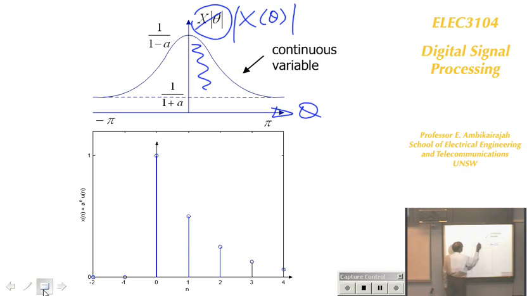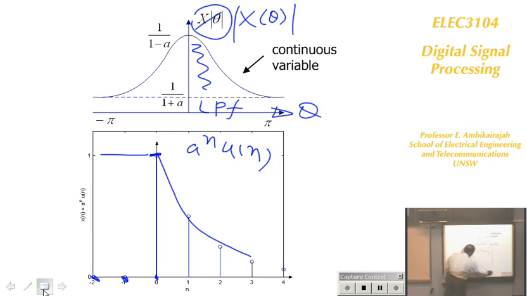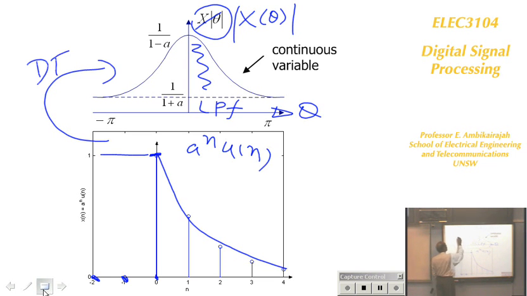This looks like a low pass filter. And if you plot the signal itself, that is a to the n, un, at n equals 0 the amplitude is 1, the rest are zeros, and the signal decays like that. That's your signal, and that's the discrete time Fourier transform you do, and then you plot the magnitude of X theta.